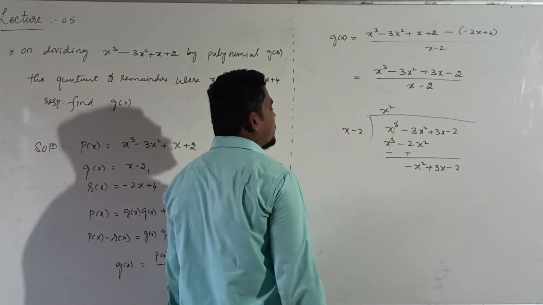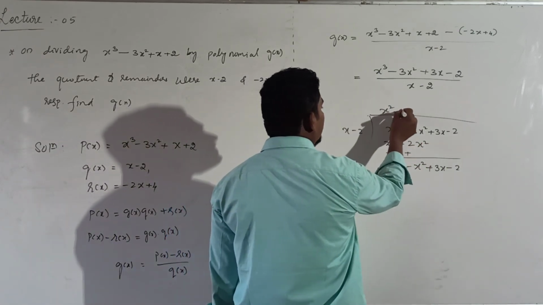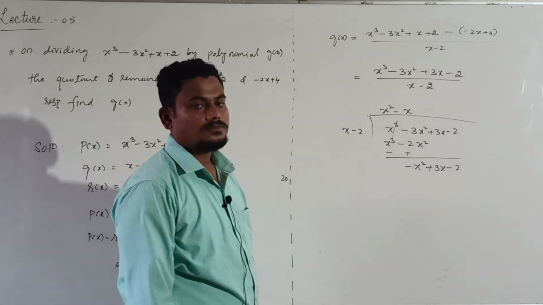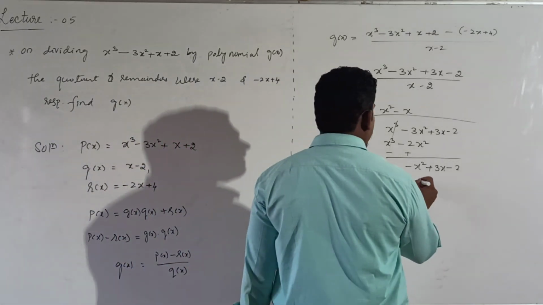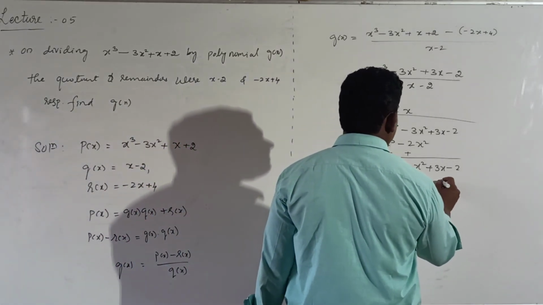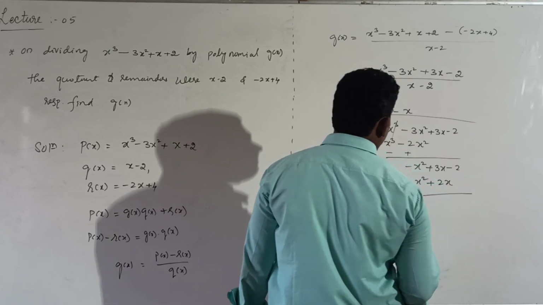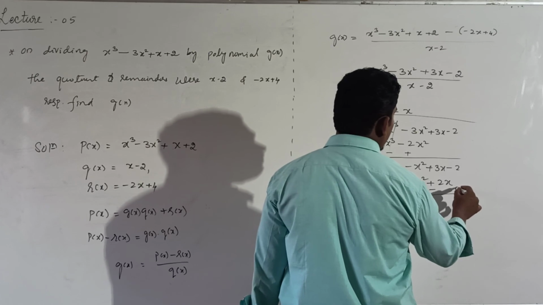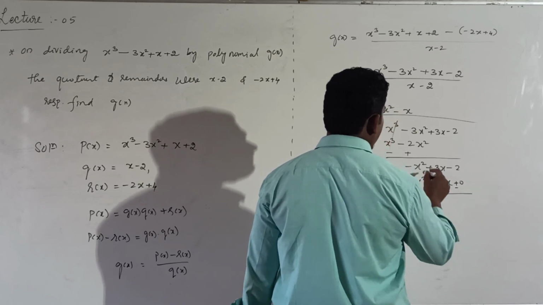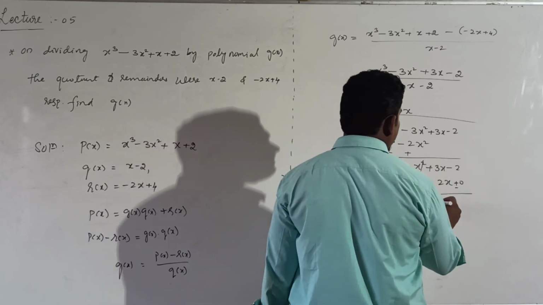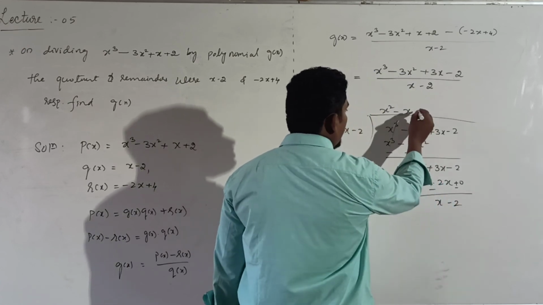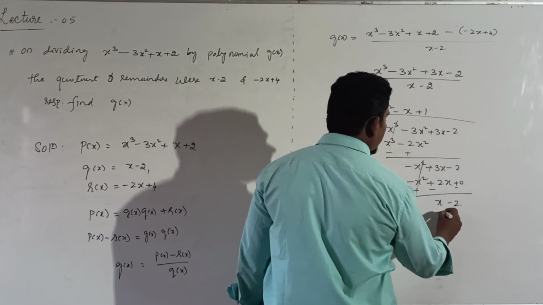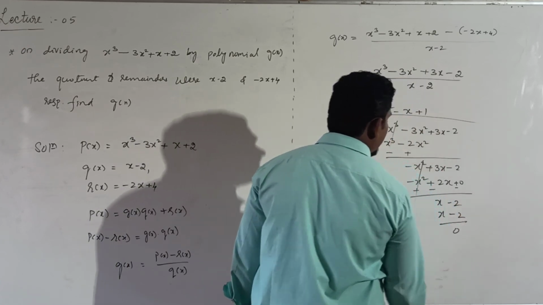Now for getting minus x square, which term do we need to multiply? That is minus x, giving minus x square plus 2x. After that, reverse the signs; the terms cancel and we get x minus 2. Then x minus 2 times 1 is x minus 2, so clearly the remainder is zero.